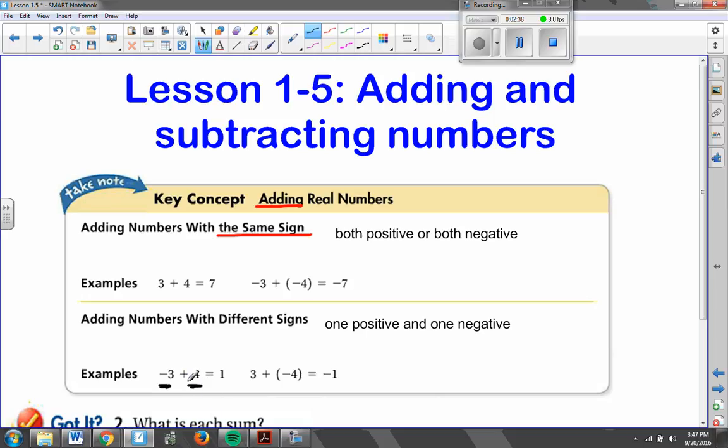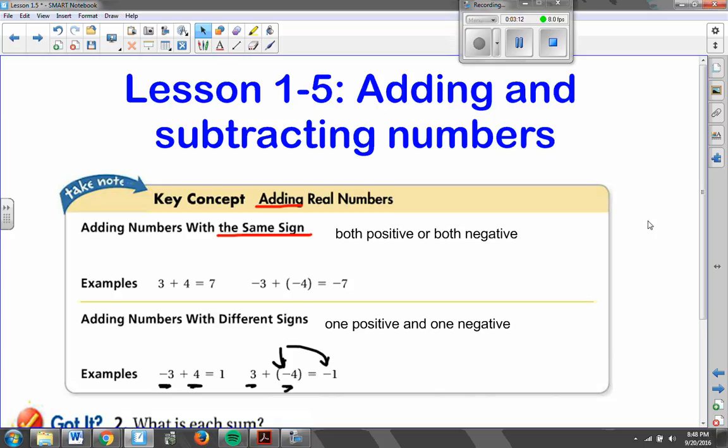Forgetting about the negative for right now, 4 take away 3 gives us 1, and because the 4 was the bigger one and it's positive, our answer is positive. In the same way, if we have positive 3 and a negative 4, 4 minus 3 is still 1, but because our bigger number, the 4, had the negative sign on it, now our answer also has the negative sign on it. So our answer has the sign of the bigger of the two numbers, and when we have different signs, we're just subtracting.